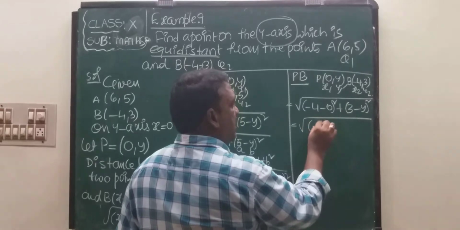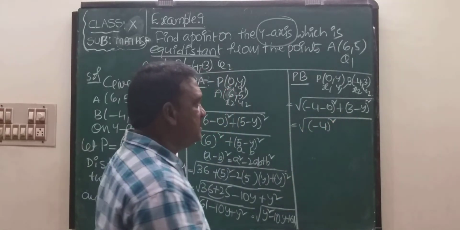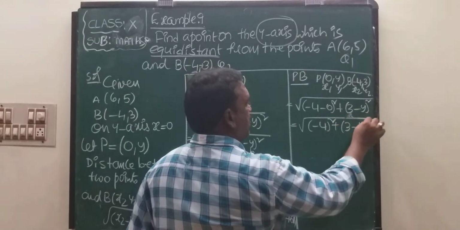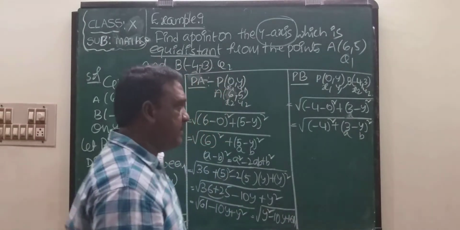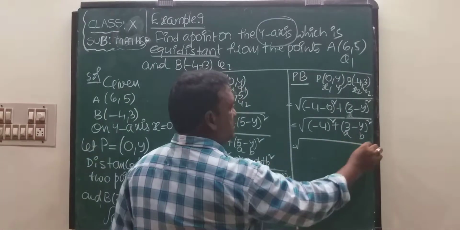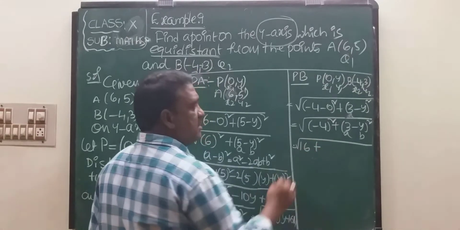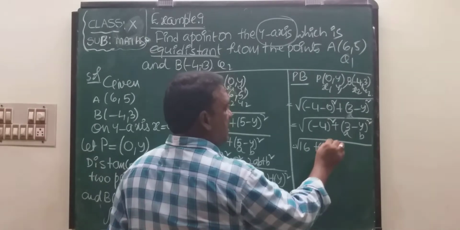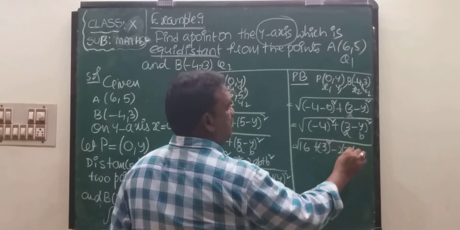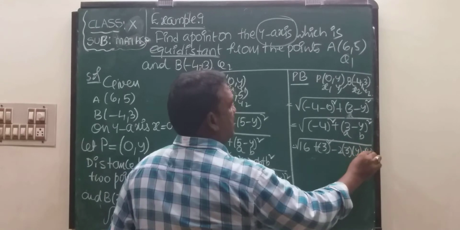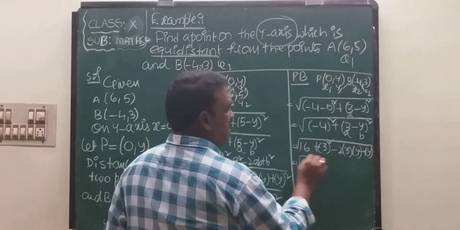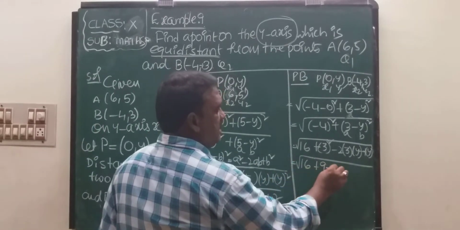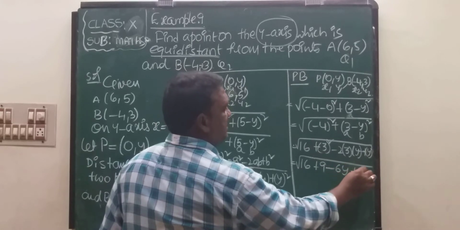This is (a minus b) whole square, so 16 plus 3 square minus 2 into 3 into y plus y square. 16 plus 9, 2 threes are 6y, plus y square.